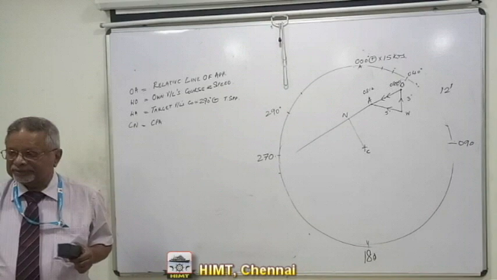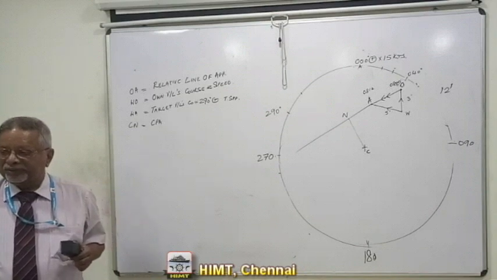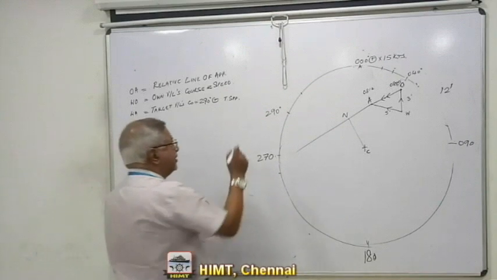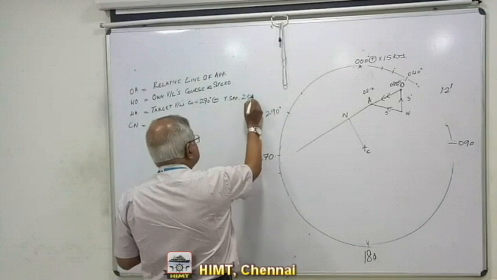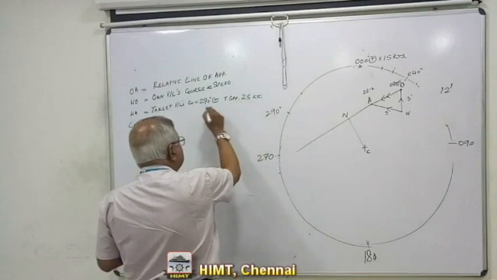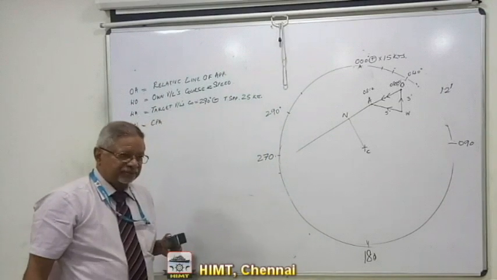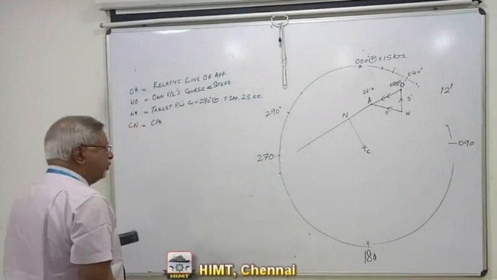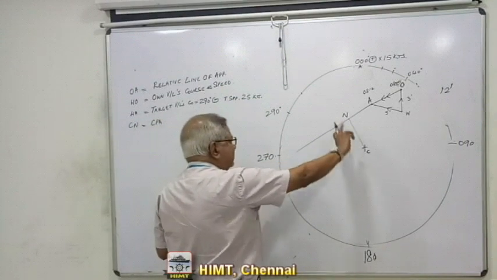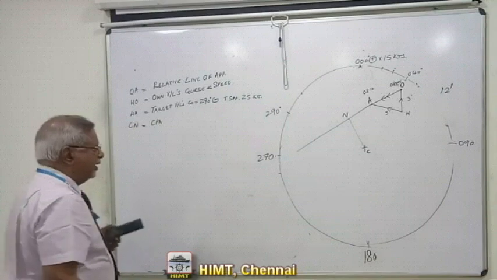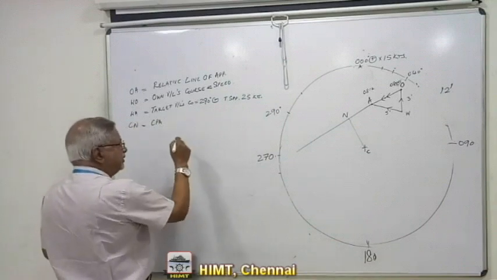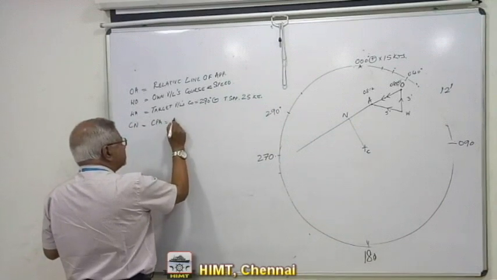So what is the speed? 25 knots. Okay, so you already got the target course and speed. Now to find out the CPA, we said we will measure this and let us assume that it is 6 miles.